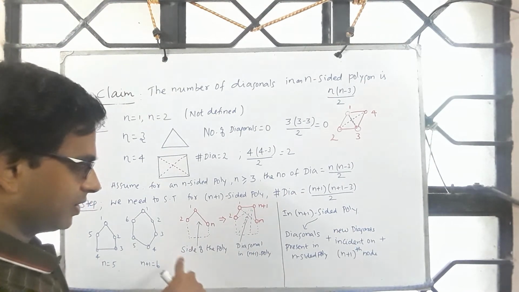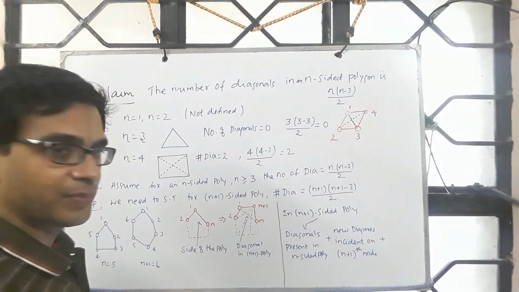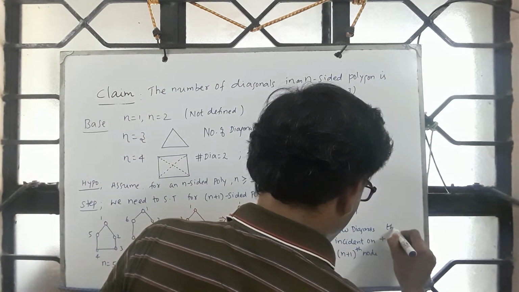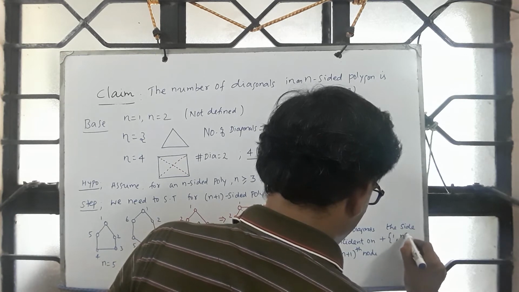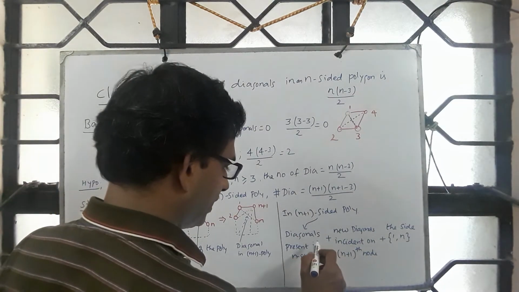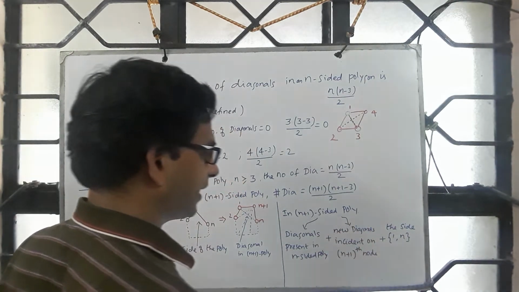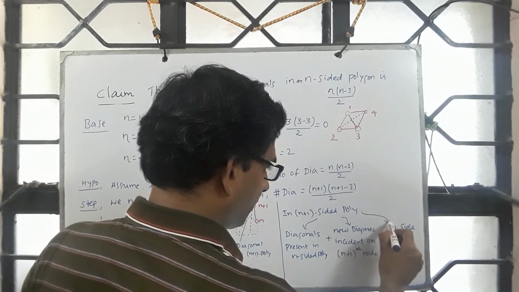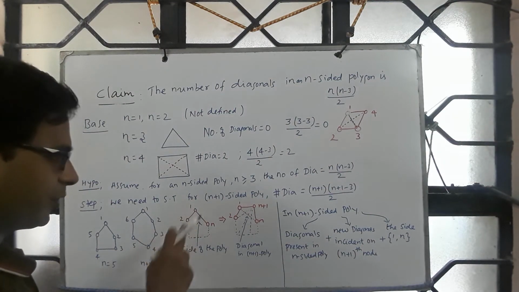That was the side of the polygon with respect to n. That will become a diagonal with respect to the n plus 1 polygon. So there are 3 types of diagonals. One is diagonals present in the n-sided one, new diagonals created due to the introduction of the n plus 1th node, plus the side 1 comma n, the side of the polygon.